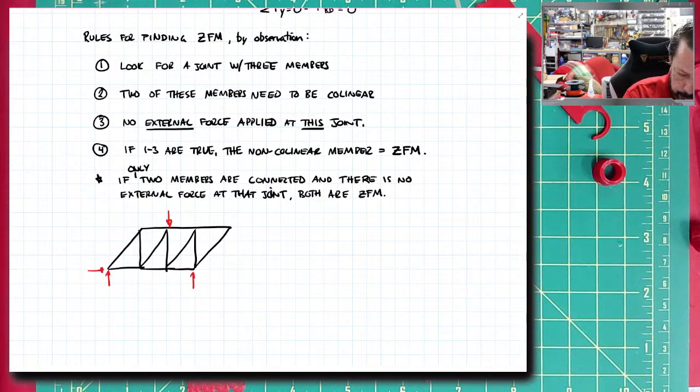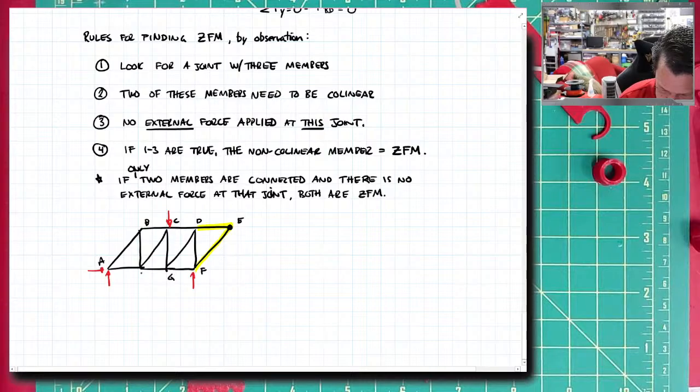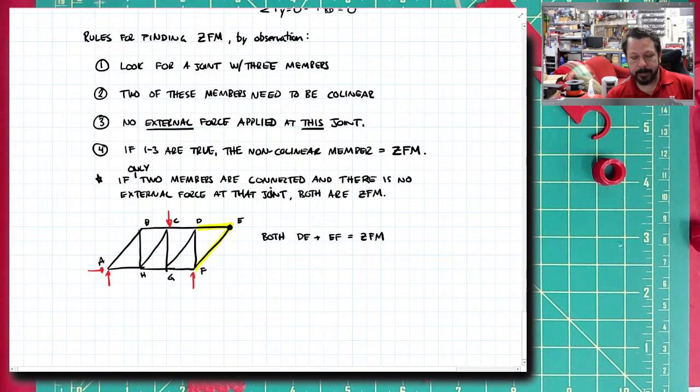Then these 2, here and here, they are connected at joint E. But there's no external force there at E, so both DE and EF are 0 force members. So essentially, you could take them out of the truss as long as it's loaded this way, and the truss would behave the same, more or less.